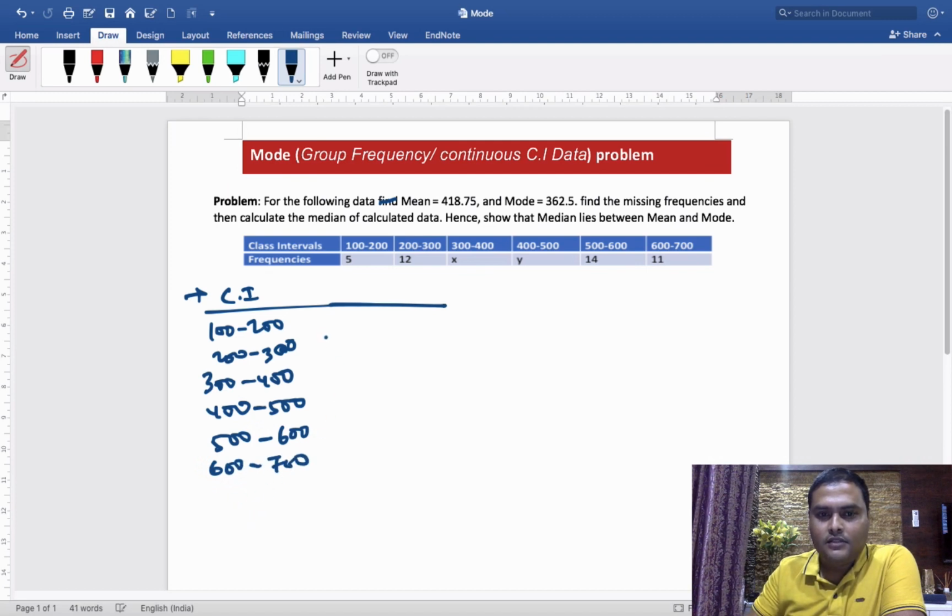This is the class interval, and frequencies are given like this: 5, 12, x, y, 14, 11.